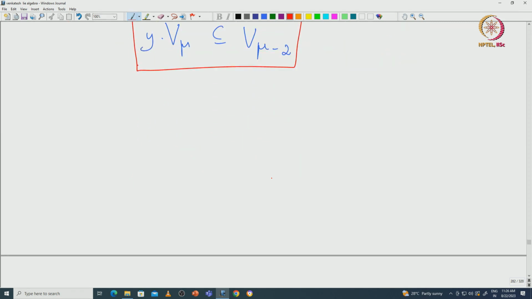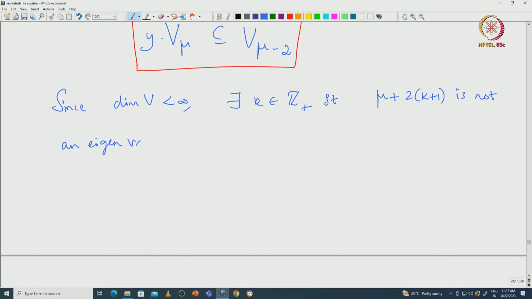Now, V is given to be finite dimensional. Since the dimension of V is finite, we should have some k in Z plus such that mu plus 2k plus 1 is not an eigenvalue of h.